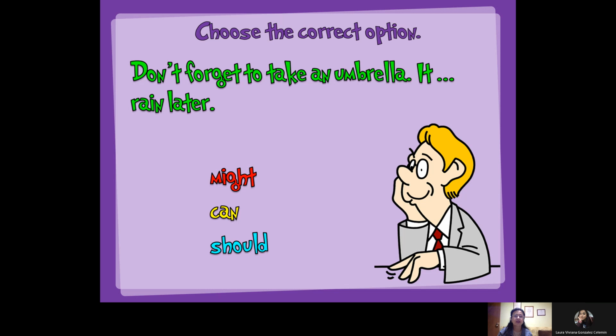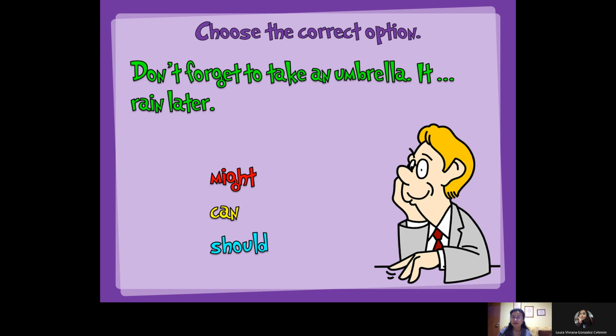Let's choose the correct option. What do you think is the appropriate modal? Might, can, or should? Don't forget to take an umbrella. It might, it can, or it should rain later.